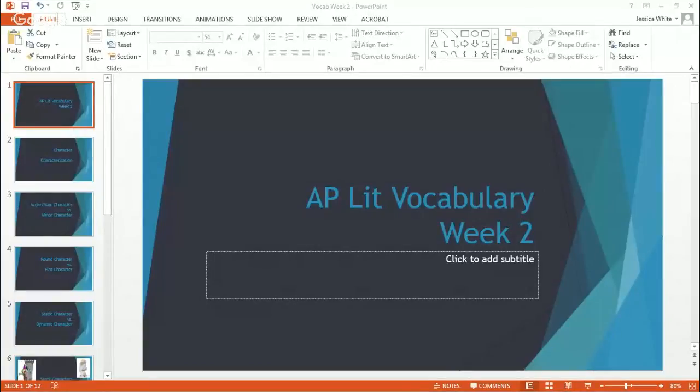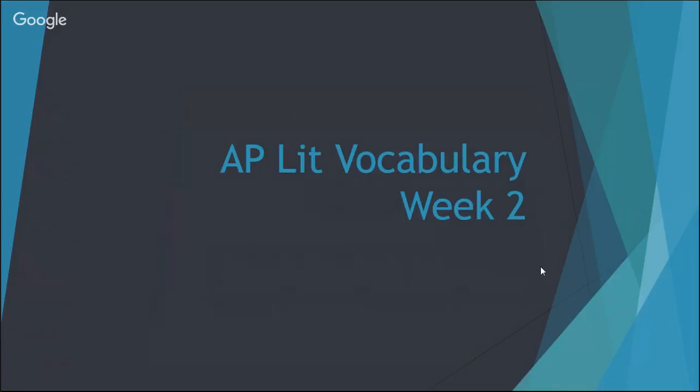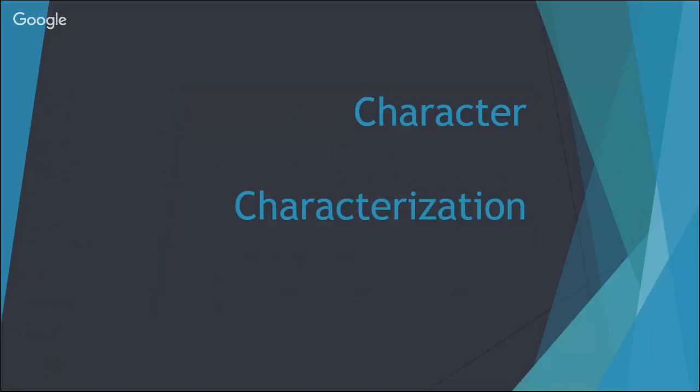Just a couple things. Remember that when we talk about character, we're just talking about the people and animals in the story, right? Pretty simple, pretty straightforward. So we're going to talk a lot this year about this term characterization. How is characterization different from character?